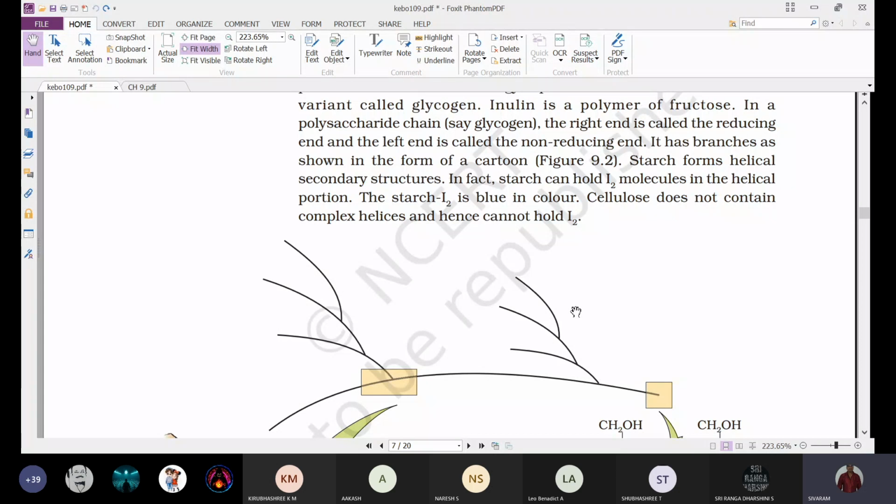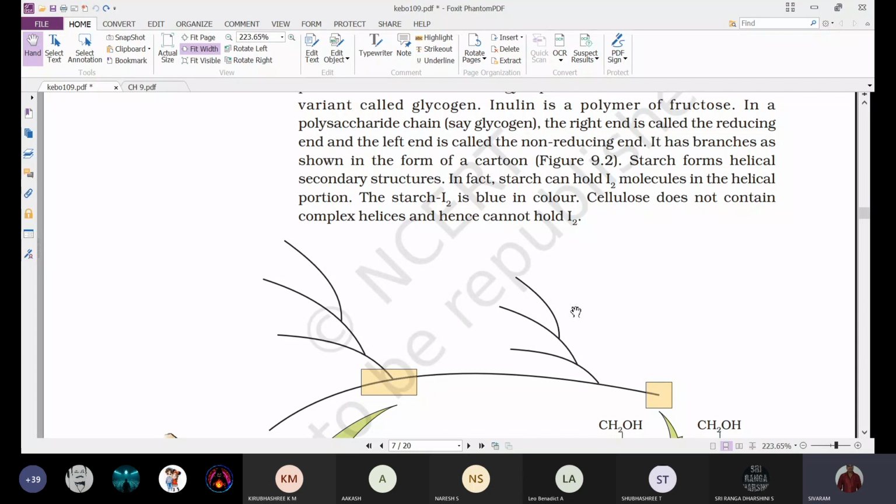So starch forms helical secondary structures. In fact, starch can hold iodine molecules in the helical portion. The starch-iodine association will give blue color. In your lower classes, in 9th class or 6th class, you might have come across this starch test.